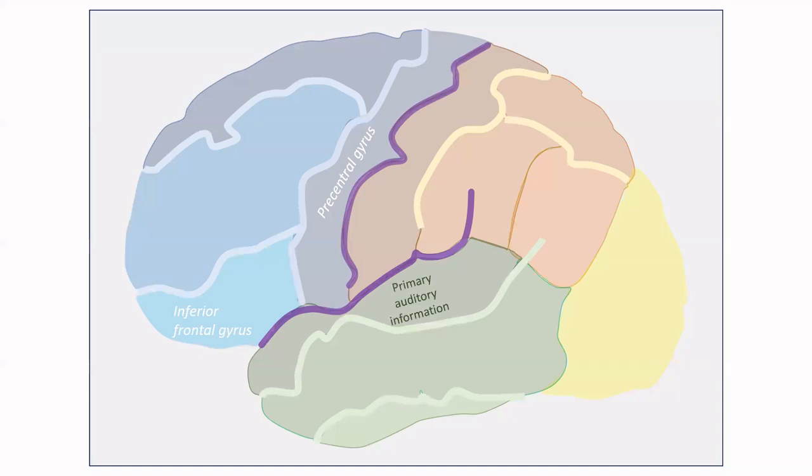And this is basically the Geschwind model, which is basically the same as the Broca-Wernicke-Lichtheim model with the angular gyrus added to it. So we have primary auditory information, which is analyzed in the primary auditory cortex, of which we now know that it is located in Heschl's gyrus.